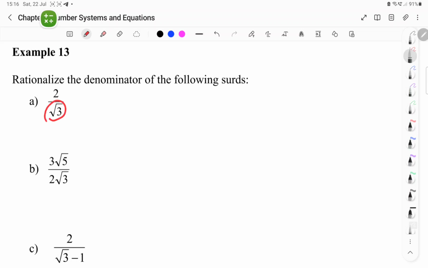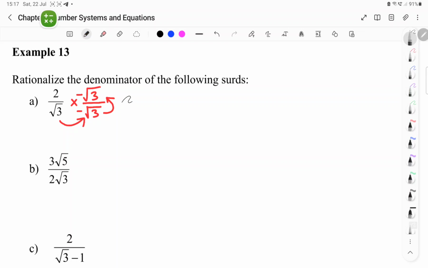Just look at the denominator, and then we copy paste the square root in a new fraction, in the denominator and numerator, just like this. And then we have to put a minus at the surd. Initially the surd is positive, right? Positive 3, so for this one it's a minus surd 3.